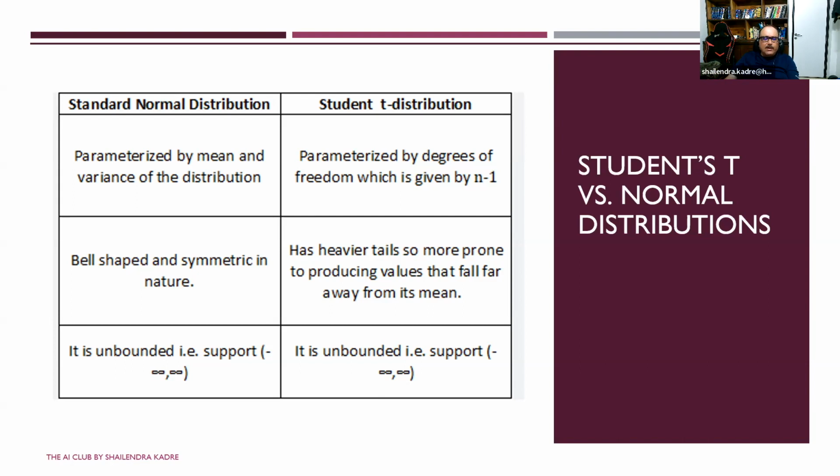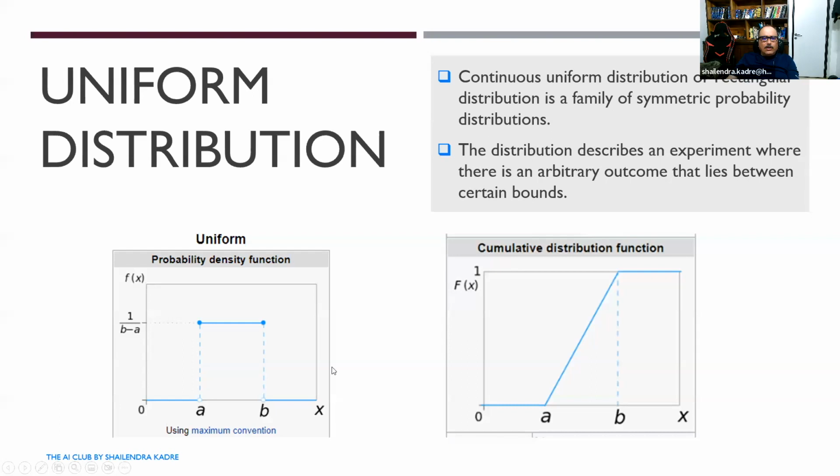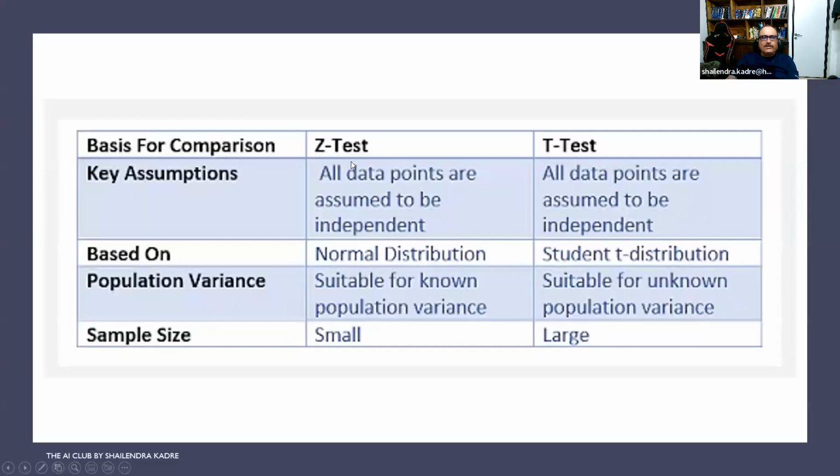Next, based on the normal distribution you have the Z test, and based on the T distribution you have the T test. So there is a difference. The Z test you already know now.